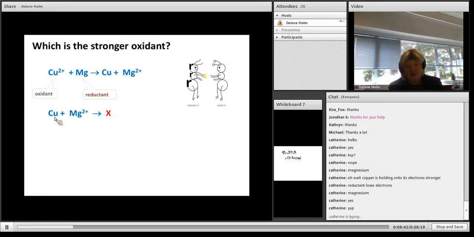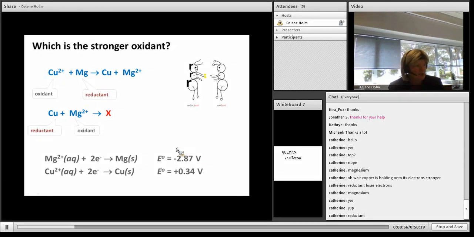So in this one over here, what is the copper metal acting as? Reductant or oxidant? As the reductant, because it's supposed to be handing over the electrons, and you can see it doesn't. So it's supposed to be the reductant, and magnesium ions are supposed to be the oxidant, but it's not happening. So what we're trying to say is the more negative the value, the stronger the reductant, and so the more likely something is going to happen.